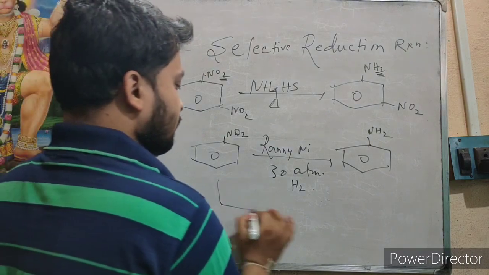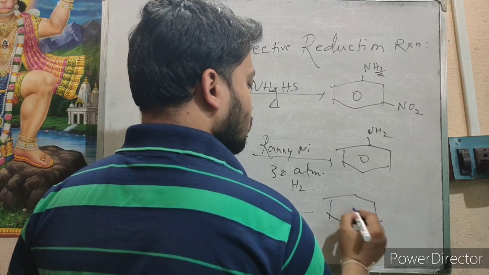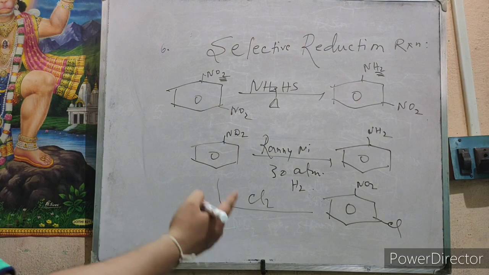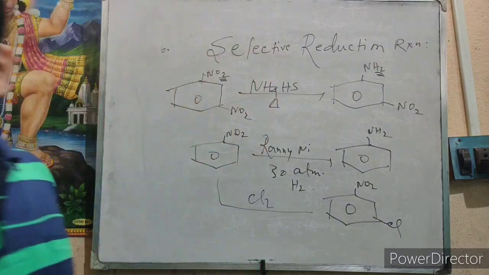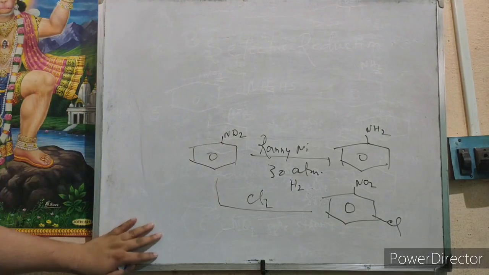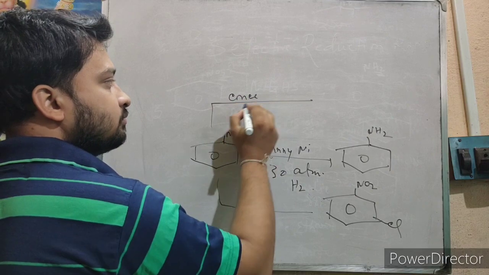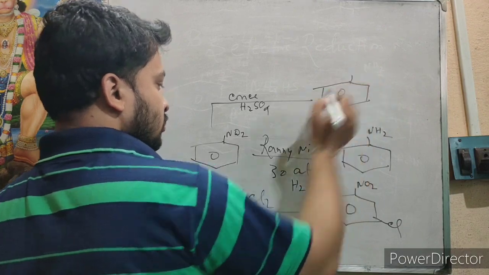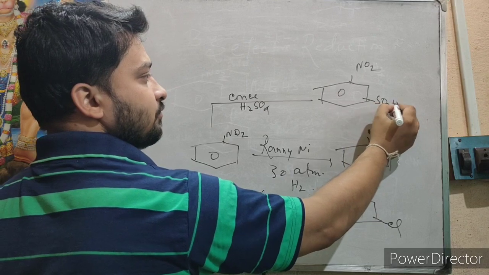Then in nitrobenzene, if you give chlorine, it gives you the meta product, not ortho and para. As NO2 is meta directing, you can get this product if you use Cl2. As usual, if you give concentrated H2SO4 you can get SO3H.